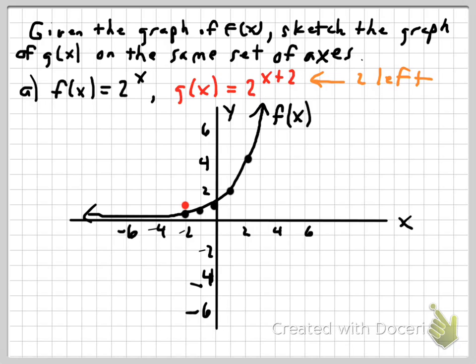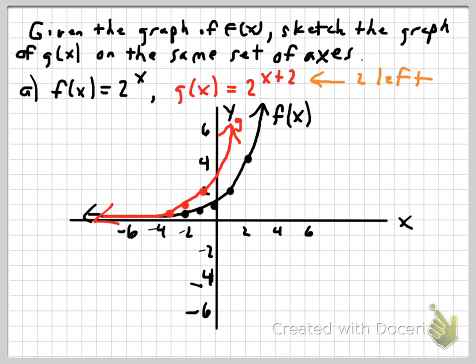We've got a point 1, 2 here. We had the point negative 1, 1/2, so that could be translated this way. And really 3 points is enough once you know the shape of these exponential graphs. So there's the graph of the translated function g of x.